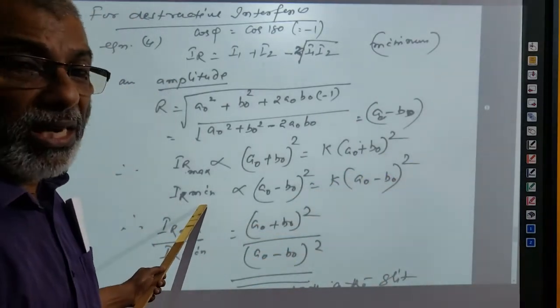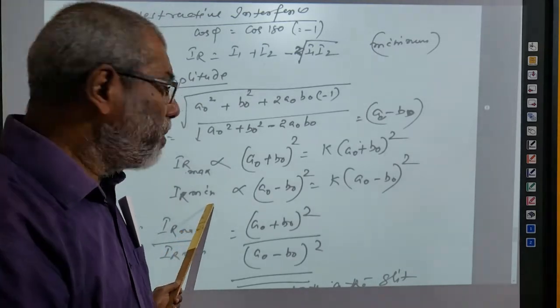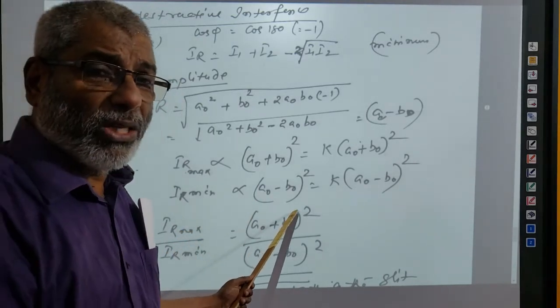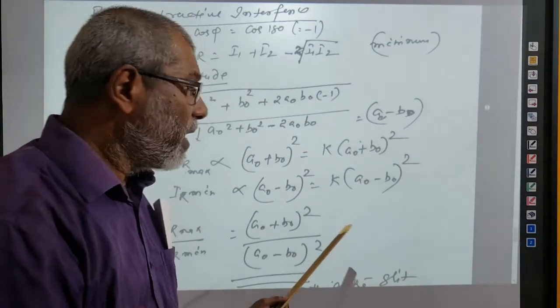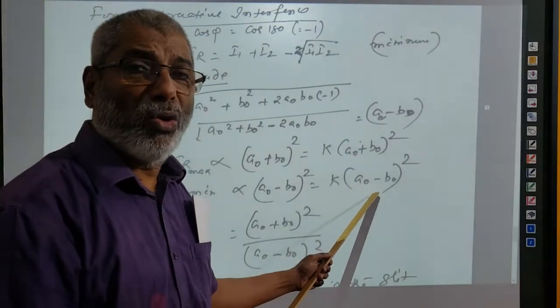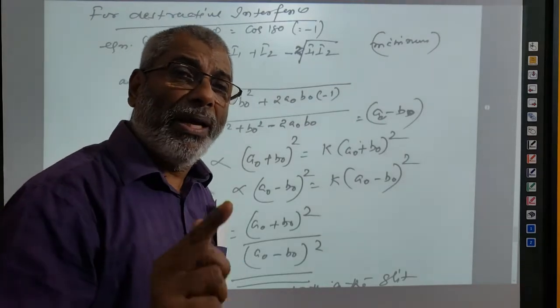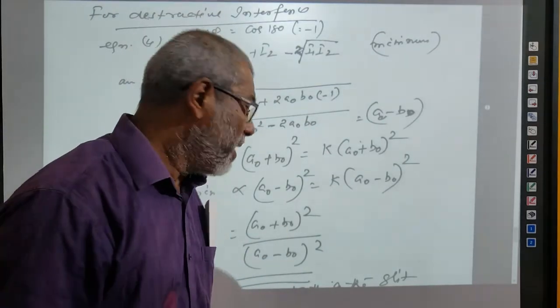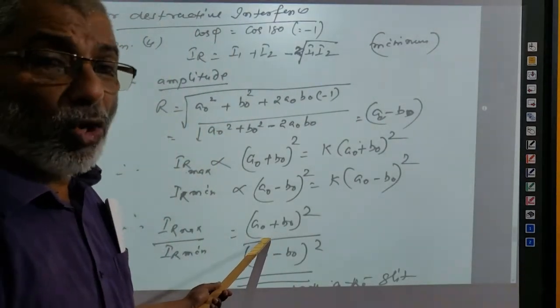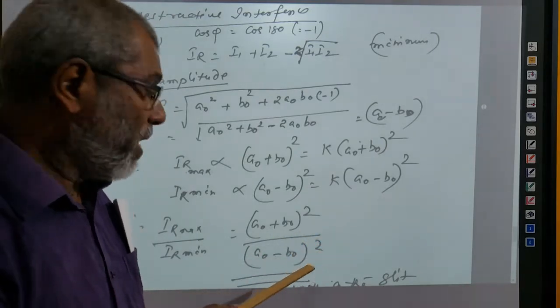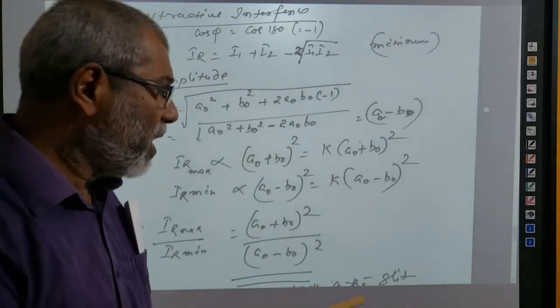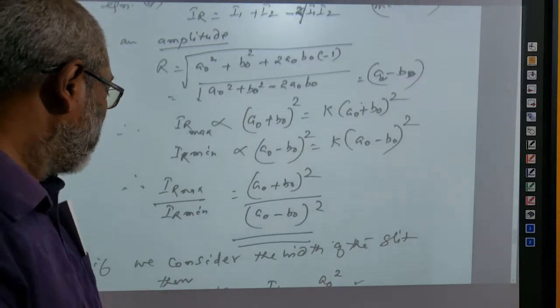And for the resultant minima, IR minimum is directly proportional to A0 minus B0 the whole square, that is equal to K into A0 minus B0 the whole square. Therefore, IR max by IR min is equal to A0 plus B0 the whole square divided by A0 minus B0 the whole square. This is a very important result.